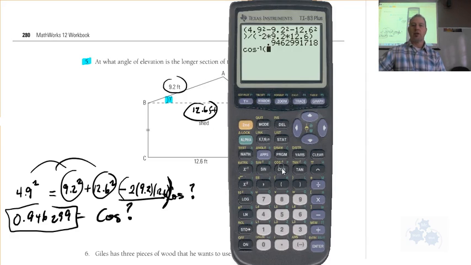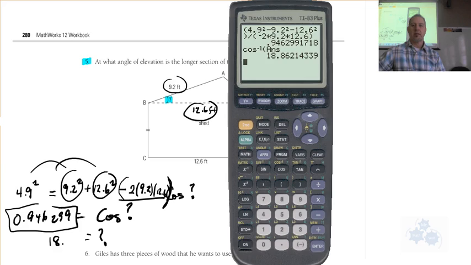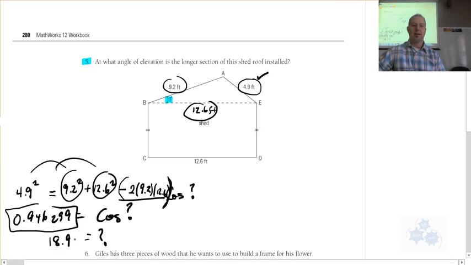So second function cos of this big long decimal answer, just type in the answer there, equals 18.86. Or it looks like this unknown angle is about 18 point, and we'll round to one decimal place is fine, 18.9. And put our units in there, that's degrees, right?